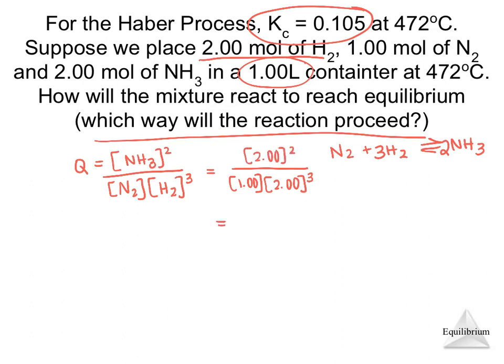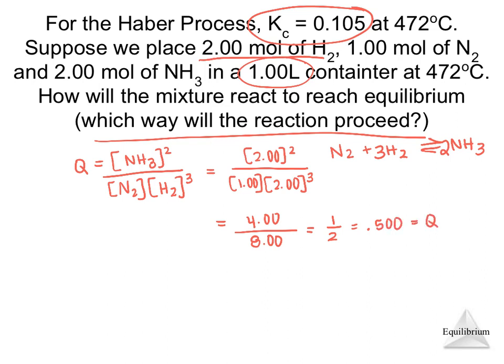Okay, so 2 squared is 4. 2 cubed is, so 2 times 2 is 4, 4 times 2 is 8, times 1 is 8. So 4 over 8 is 1/2, or 0.500.